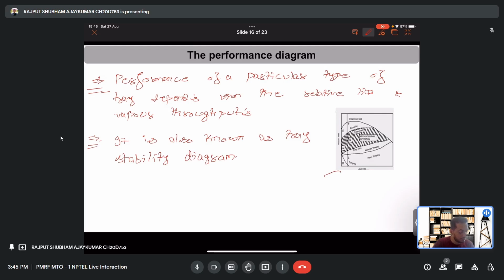I'm not going to explain them because it is showing the same things like flooding, dumping, entrainment. You can see entrainment, flooding, heavy weeping, moderate weeping, weep point, dumping, and entrainment. So the terms which I've explained are shown in terms of a chart, and it's known as a tray stability diagram or the performance diagram of the column. So just go through the lecture notes and see what you can grasp from this performance diagram also.